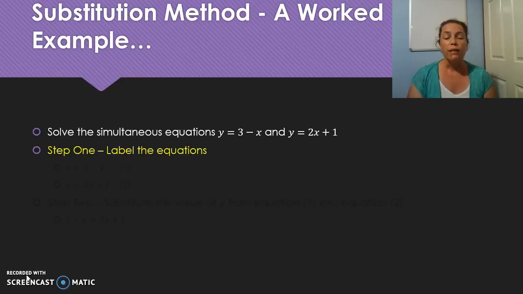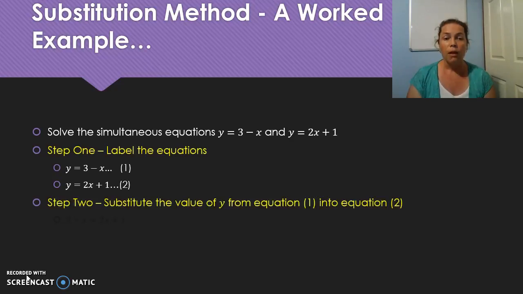So step one is to label the equations, and when we're doing anything with simultaneous equations, it's really important to label your work to communicate clearly what you're doing. So we're going to call y equals 3 minus x equation 1 and y equals 2x plus 1 equation 2. Step 2 is to substitute the value of y from equation 1 into equation 2.